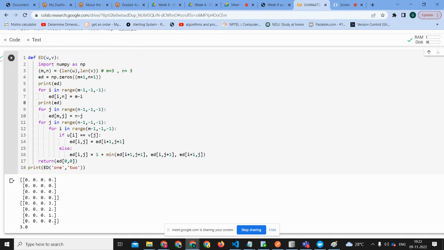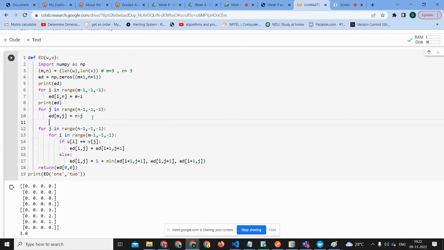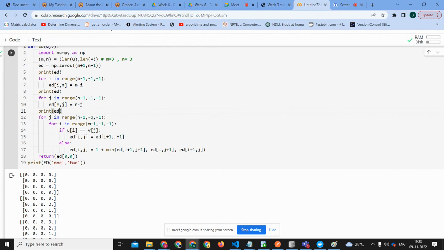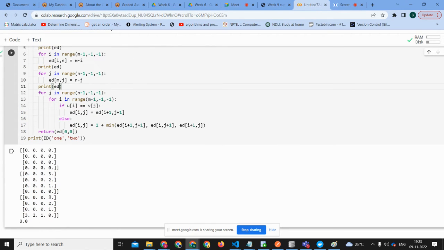So this last thing is going to be 0. Everything is completely 0, and 1, 2, 3 you're putting here. That's the first thing, and let's see what is happening next. Okay, 1, 2, 3, 1, 2, 3. They are filling it like this.